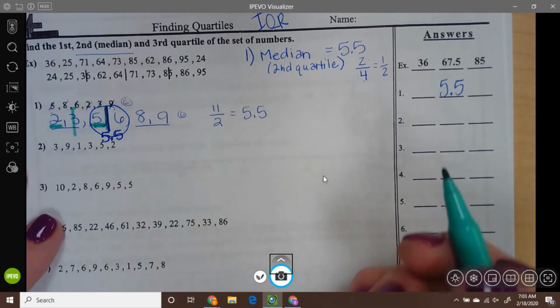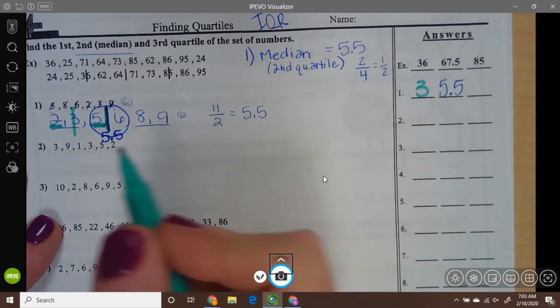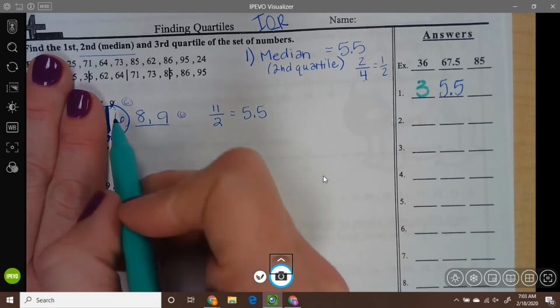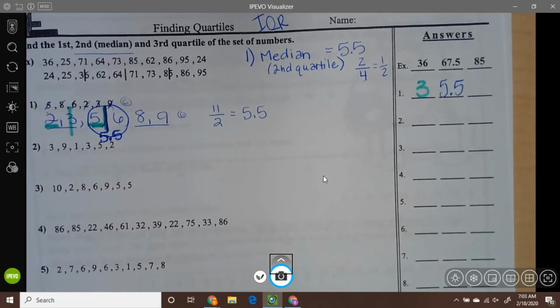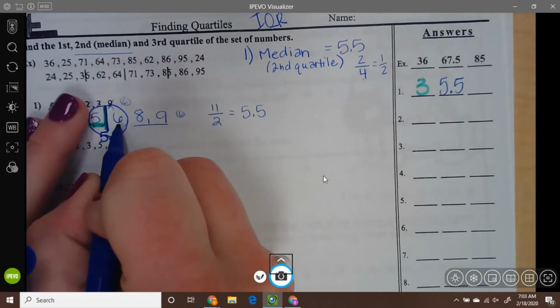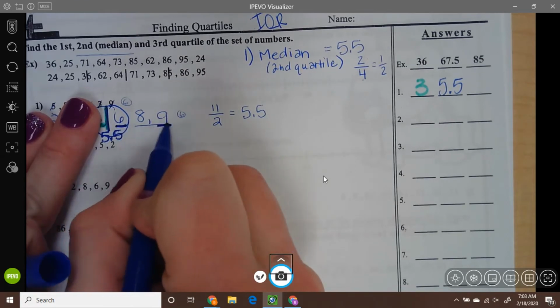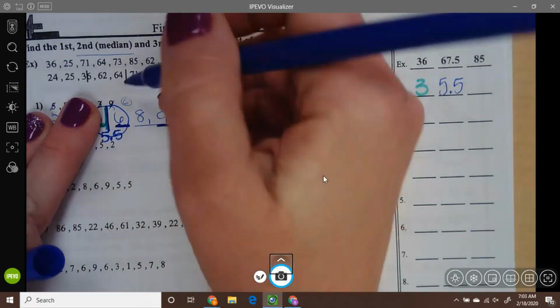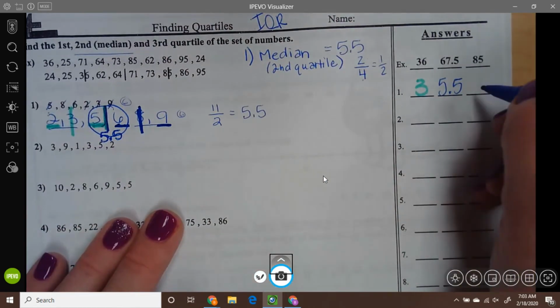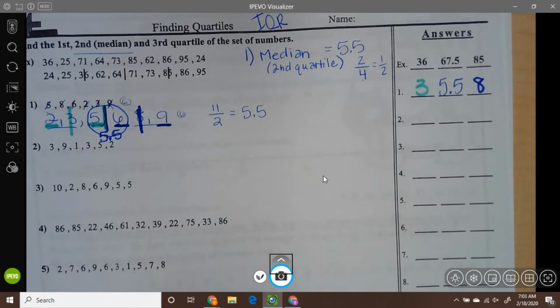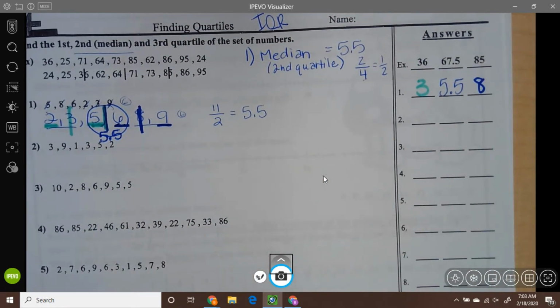So my first quartile would be 3, and then I do the same thing here. I'll use a different color so it's clear. I cover that up and I close in 1 and 1. So my third quartile would be 8. So my quartiles for this problem are 3, 5 and a half, and 8.